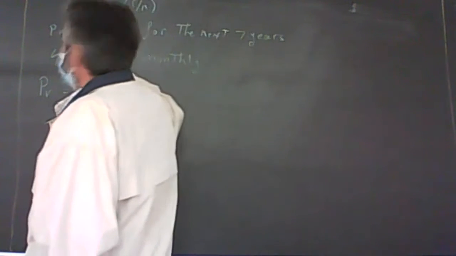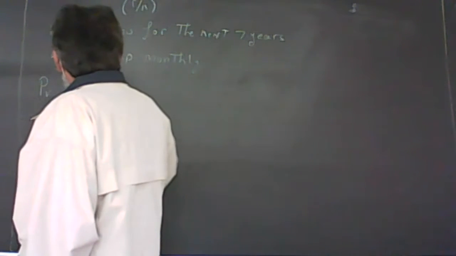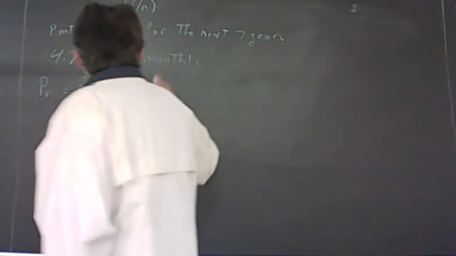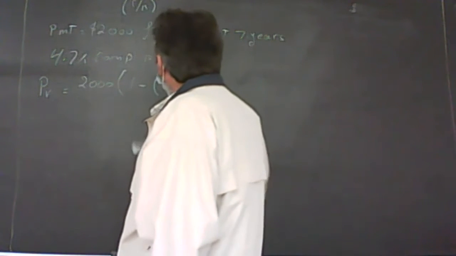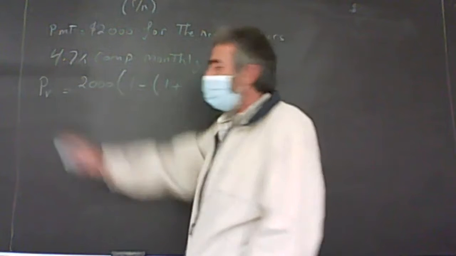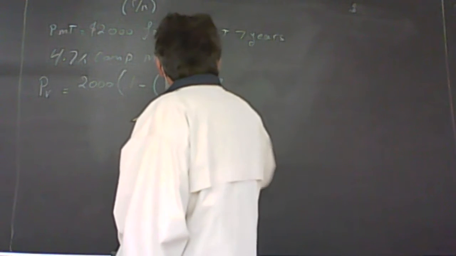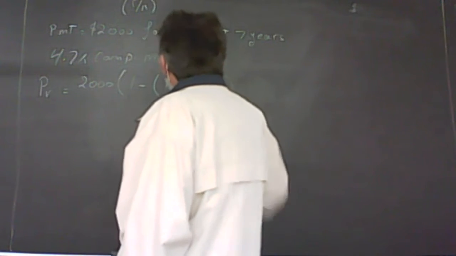It's going to be the payment, which is 2,000 in this case. So it's going to be 2,000 times 1 minus 1 plus the rate, which is 0.047 divided by 12.